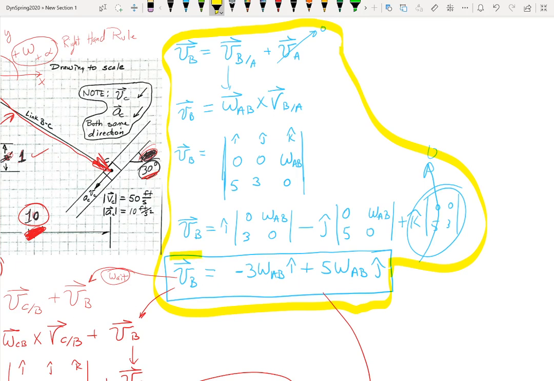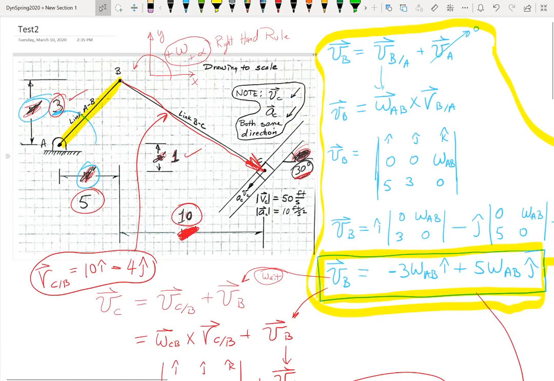We got ourselves to the point where we're sitting here looking at this thinking to ourselves, well, I can't really go any further. I can get the velocity of B as a function of the rotational speed of this AB, but I don't know what the rotational speed is of AB.